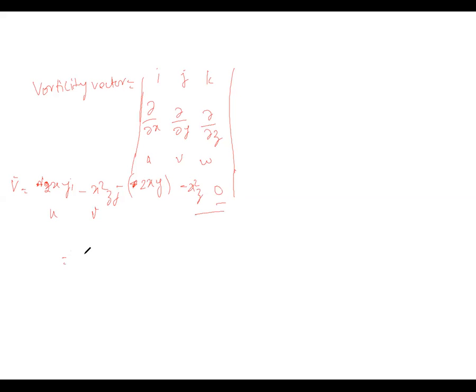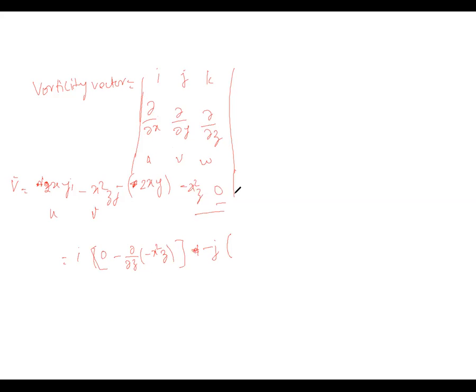Expanding, for the i component you leave the i column and cross multiply the j and k columns: dou by dou y of w, and w is 0, so that value is 0, then minus dou by dou z of v, where v is minus x square z. So that is the i component, then minus j for the j column.